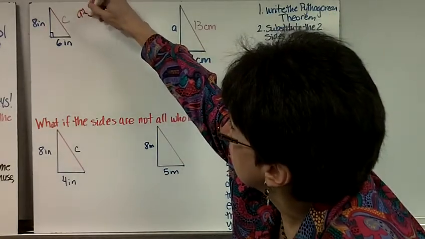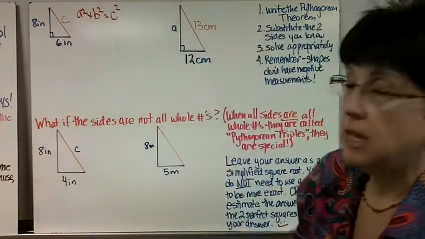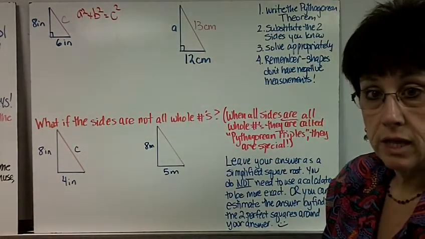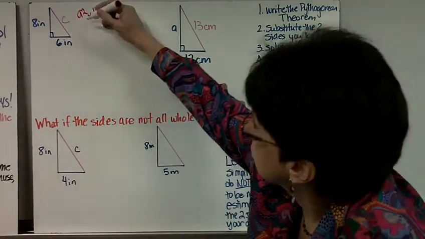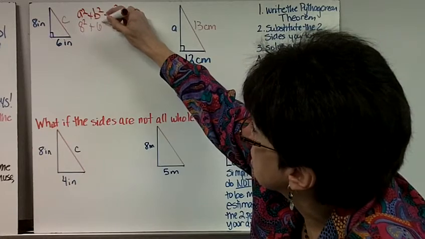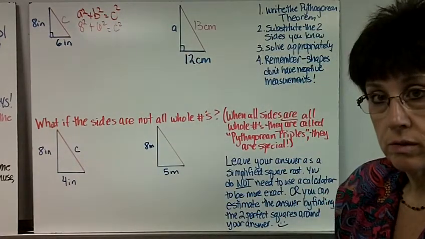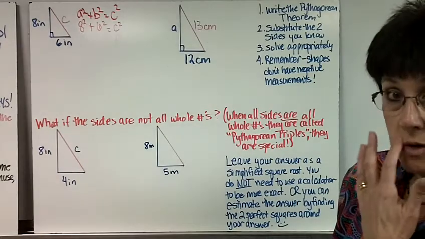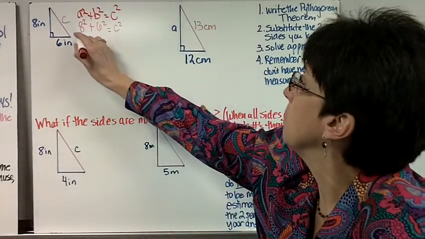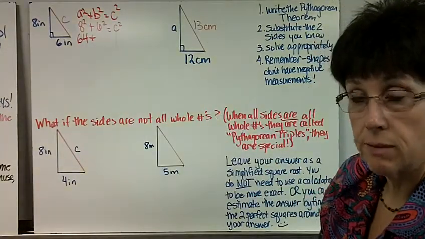A squared plus B squared equals C squared. In this case, we know both the legs, so we know A and B. So I substitute in 8 squared plus 6 squared equals C squared. 8 squared is 8 times 8. 6 squared is 6 times 6.